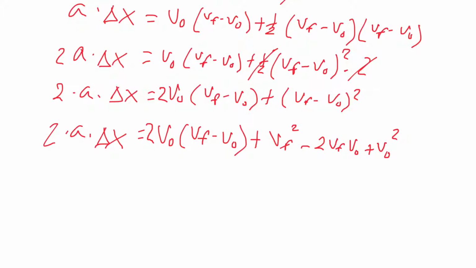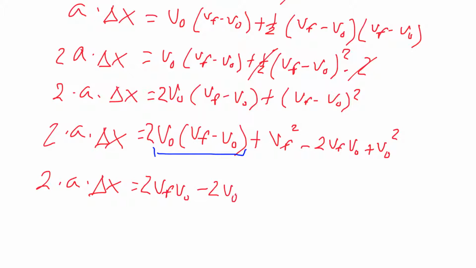So if we look here, we see that we have some more simplifying to do, so let's do that. 2 times acceleration times delta x equals 2 V final V naught minus 2 V naught squared plus V final squared minus 2 V final V naught plus V naught squared. Okay? Now let's combine like terms.